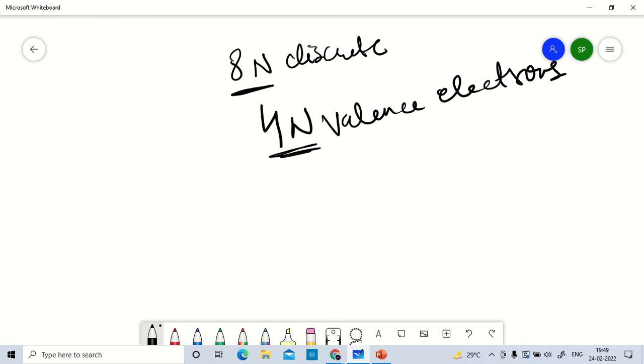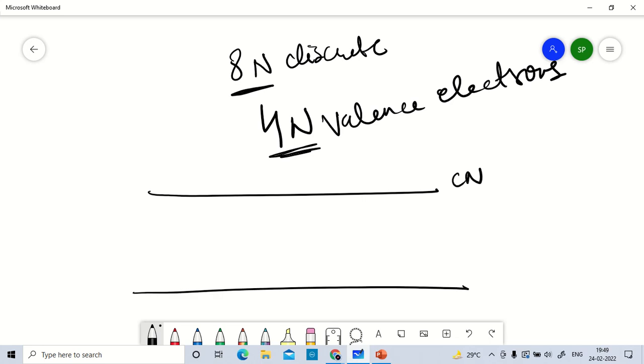The energy band of these 8n states is split apart into two, which are separated by energy gap Eg. The lower band, which is completely occupied by 4n valence electrons at temperature of absolute zero, is the valence band. So if this is the conduction band, which you actually write as Ec, and this is the valence band Ev, then the distance between the conduction band and the valence band is known as the energy gap.